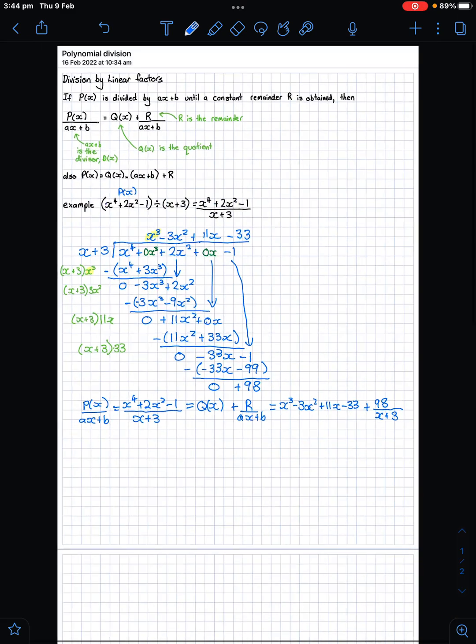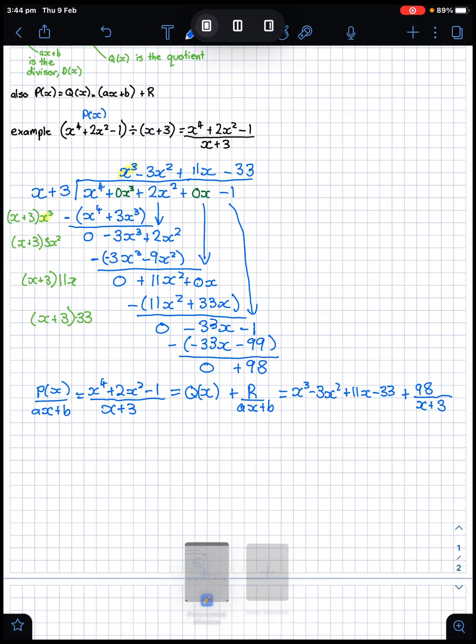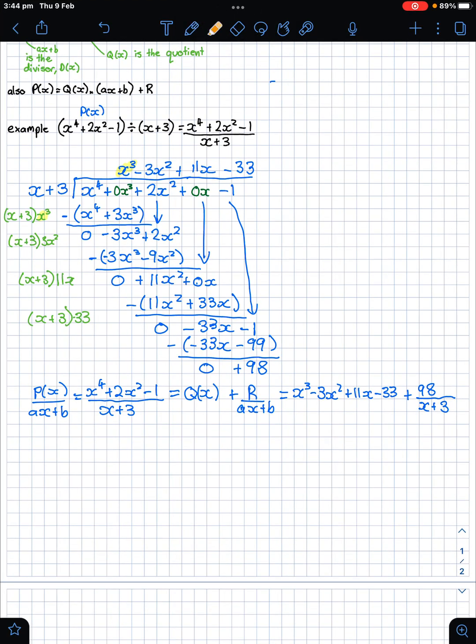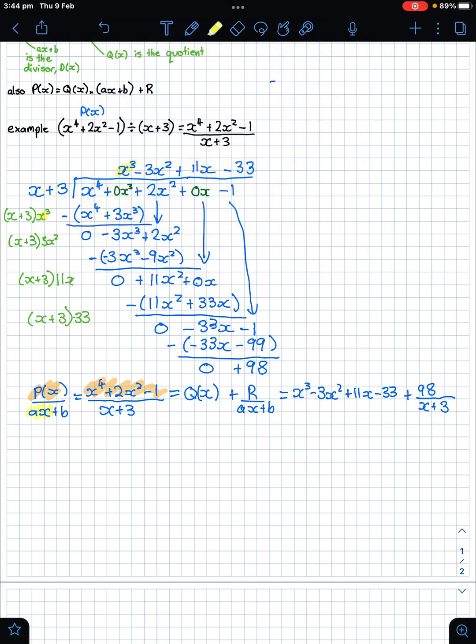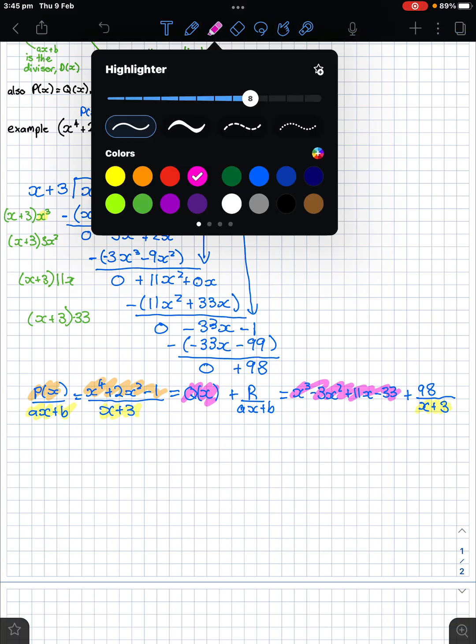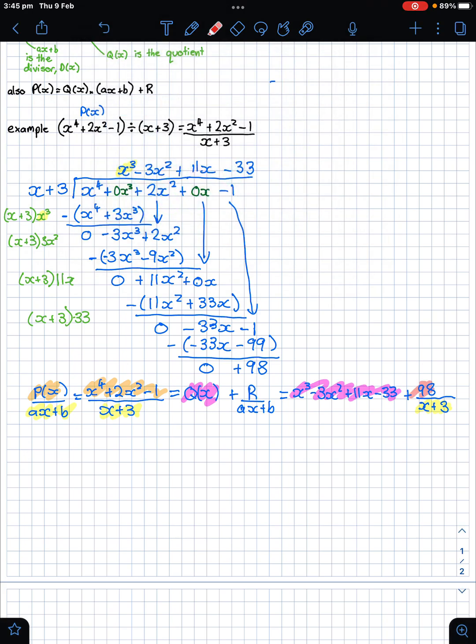So if you look at this the whole way, we have our polynomial is this value here. We have our linear factor is this x plus 3, which also appears over here. And then we've also got our quotient is this value here. And our remainder in this specific example is 98, which corresponds to this.